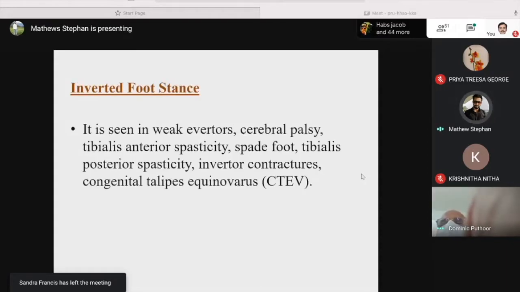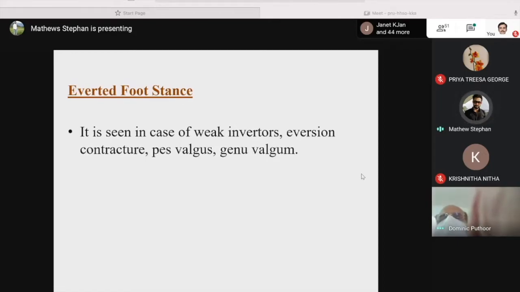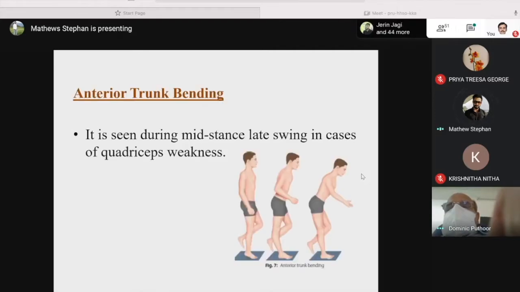Inverted foot stance, it is seen in weak everters, cerebral palsy, tibialis anterior spasticity, spade foot, tibialis posterior spasticity, inverted contractures. Everted foot stance, it is seen in weak inverters, eversion contracture, pes valgus and genu valgus. Anterior trunk bending, it is seen during mid-stance to late swing in cases of quadriceps weakness.